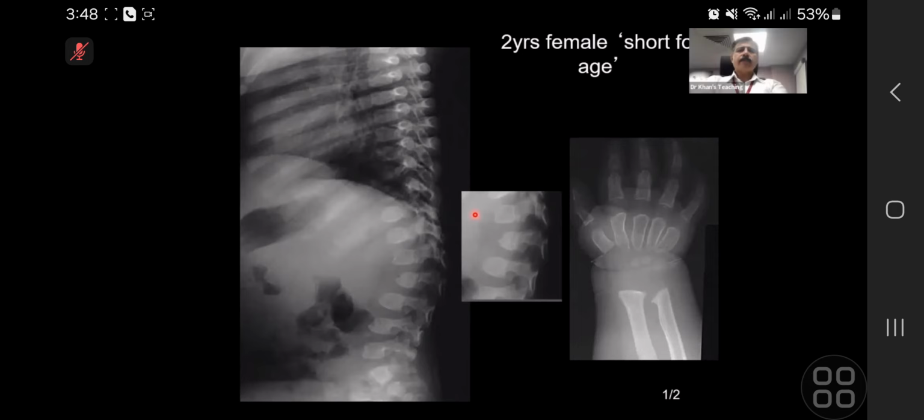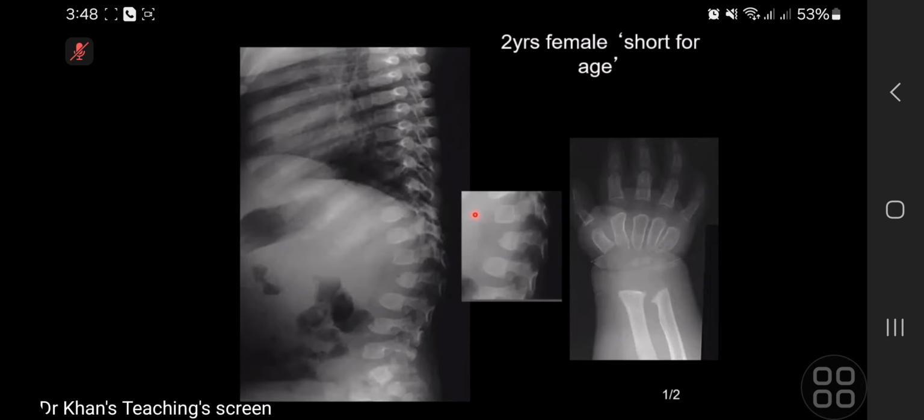Looking at the radiograph of the hand, there's an abnormality at the distal radio-ulnar joint with some erosion of the medial surface of the ulna. What's happening to the metacarpals?